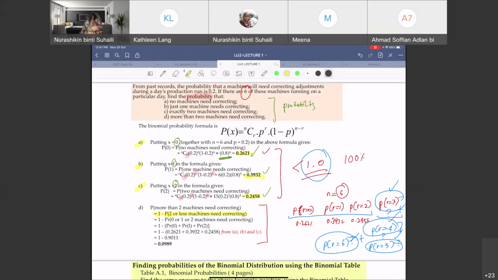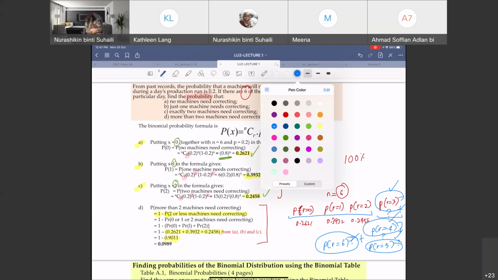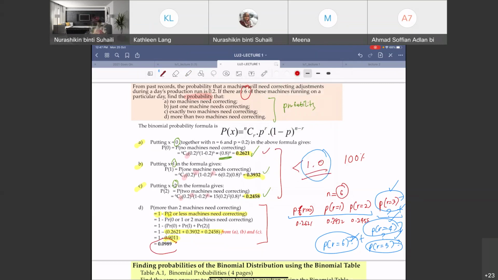So here, 1 minus the summation of 0.2621, 0.3932, 0.2458, and this is the answer. This represents the summation of r equal to 3, 4, 5, 6. You can also find it from R3, R4, R5, R6, but since in this case you have solved A, B, and C, you can just subtract it, knowing that the total probability is 1 or 100%.